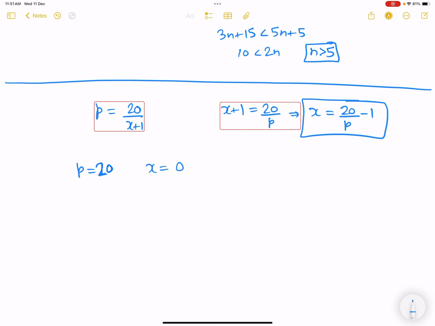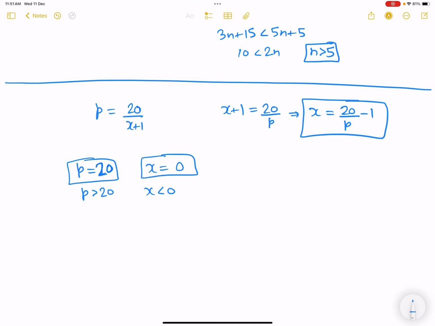For P greater than 20, x is less than 0, which doesn't make sense. So at P equals 20, x equals 0. Demand cannot be negative, right? And now as price falls, the denominator would fall and the whole term would increase, right?